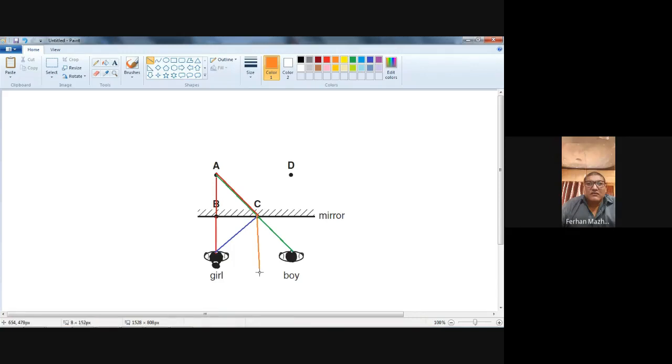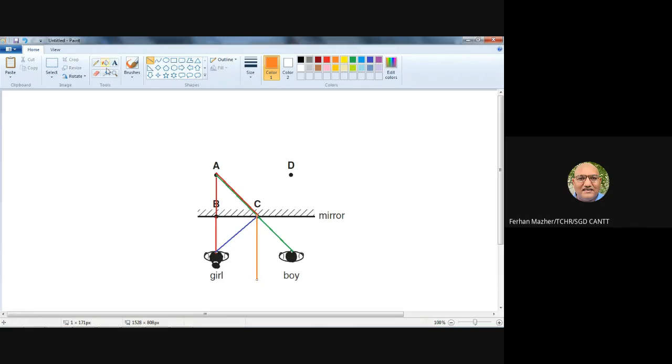And then I will draw a normal here. I will check the angle of incidence, and then I will check the angle of reflection. They should be equal.